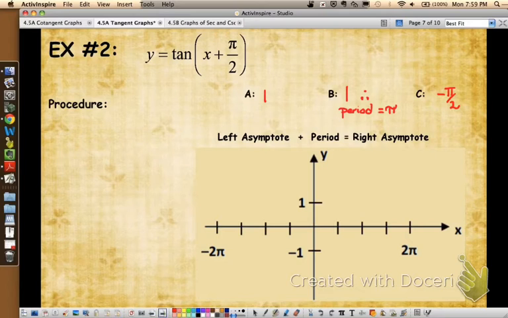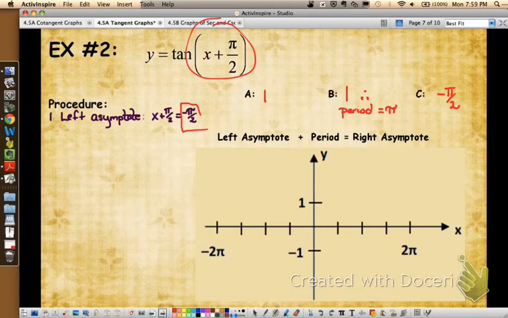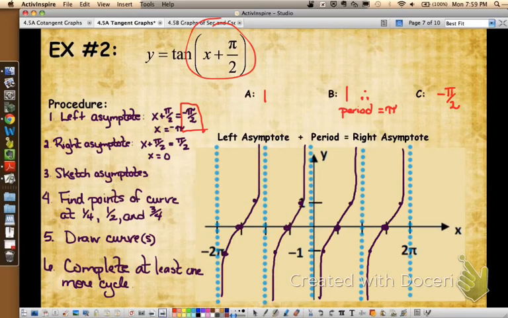And so as we look at our procedures, we want to just find the left asymptote again, take that portion right here, bx plus c, and set it equal to the left asymptote, which was negative pi over 2, and solve.